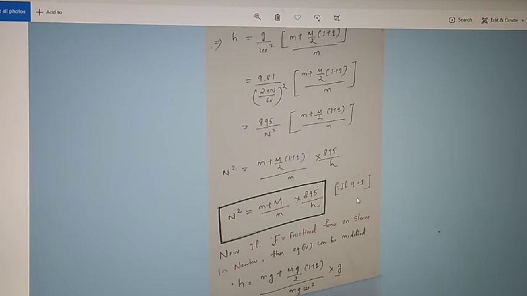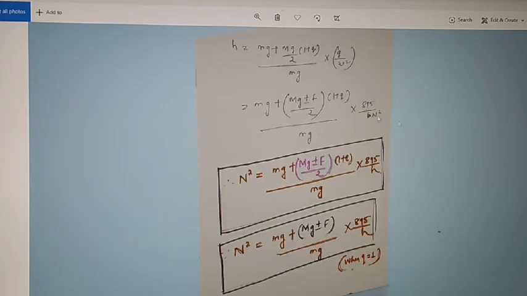But if F is a frictional force acting on the sleeve in newtons, then equation 4 can be modified as the next expression, like this one.